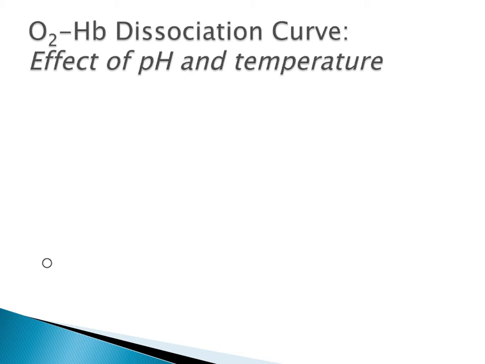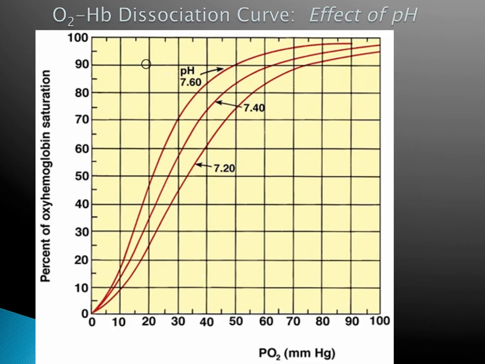If we are exercising at a high exercise intensity, what happens to body temperature or blood temperature? It goes up a little bit. What happens if we're close to VO2 max? We're doing a lot of fast anaerobic glycolysis. We're making a lot of lactic acid, so it's a more acidic condition. The pH will be slightly lower.